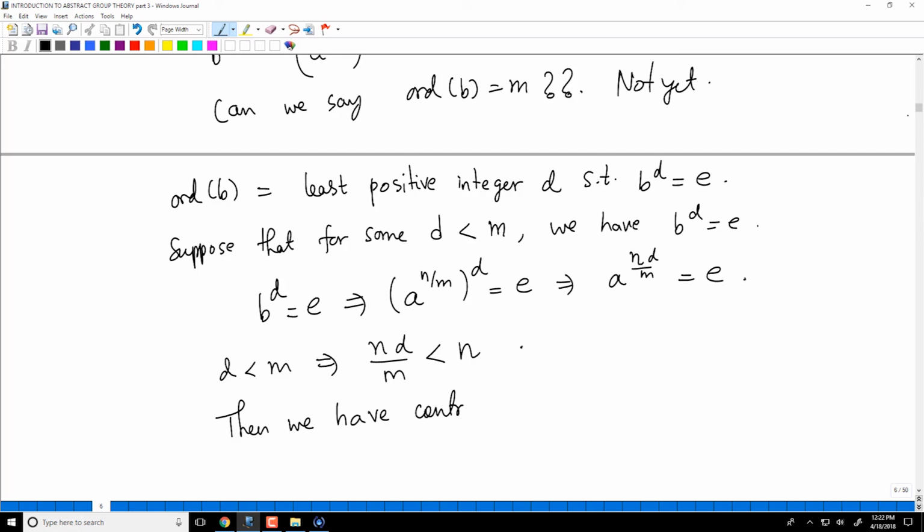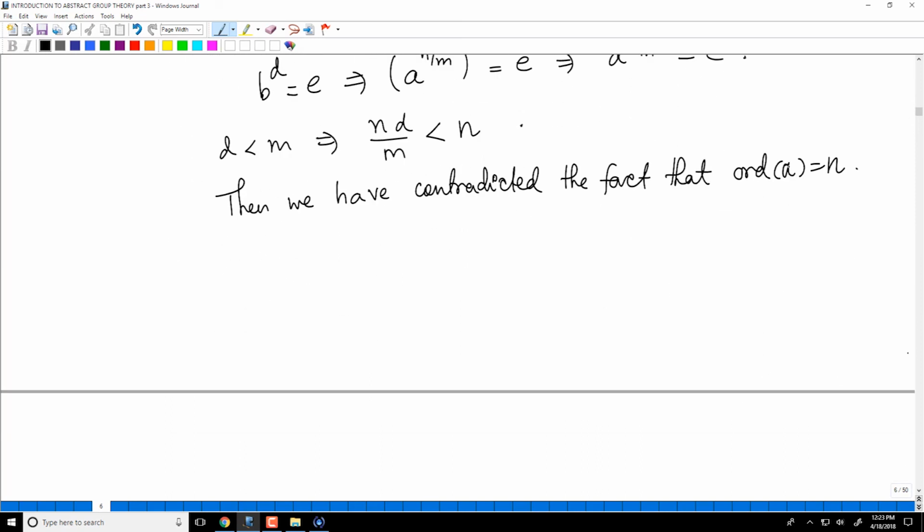Right, because the order of A is n means n is the smallest positive integer such that A power n is identity.